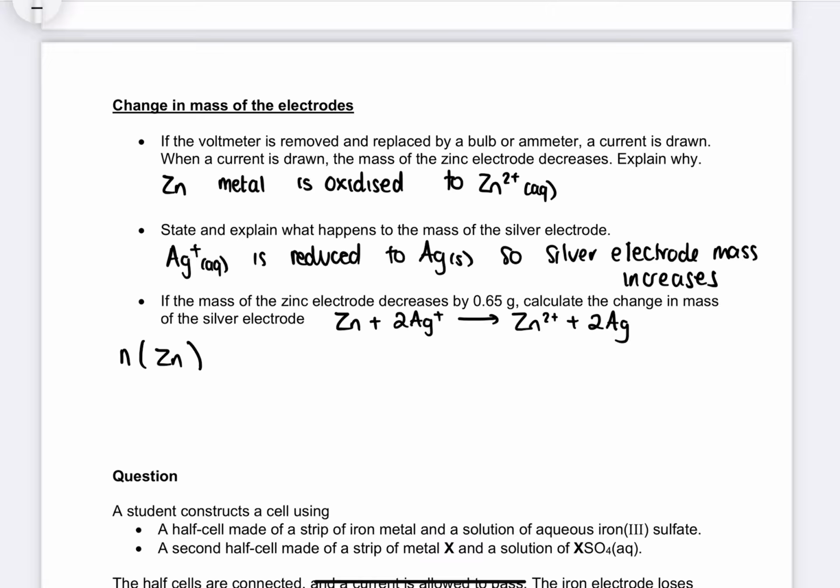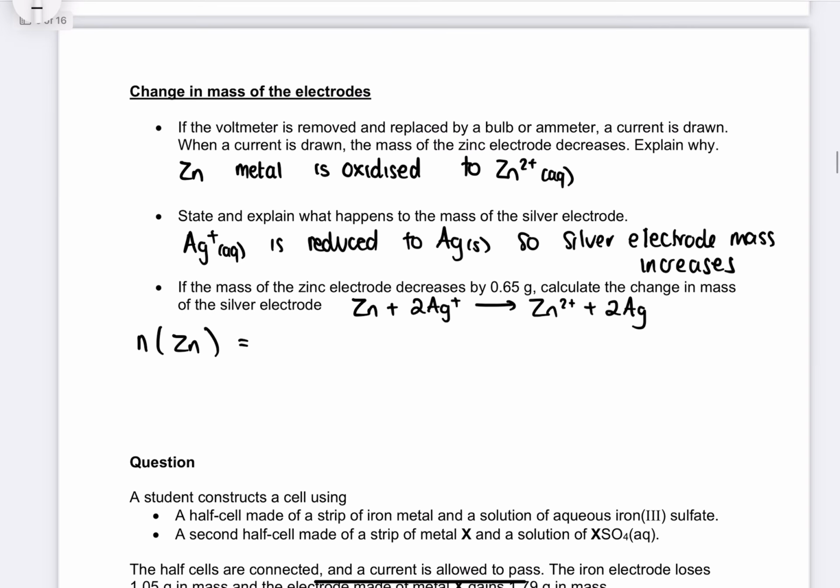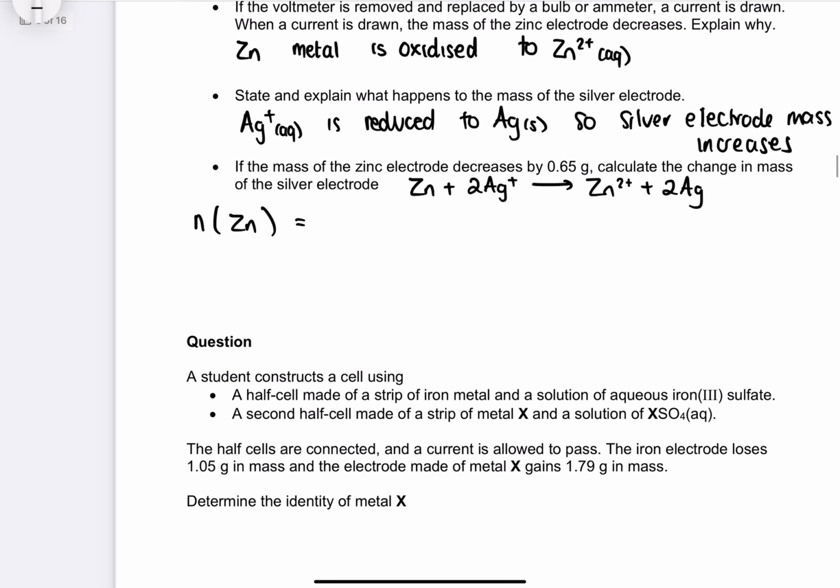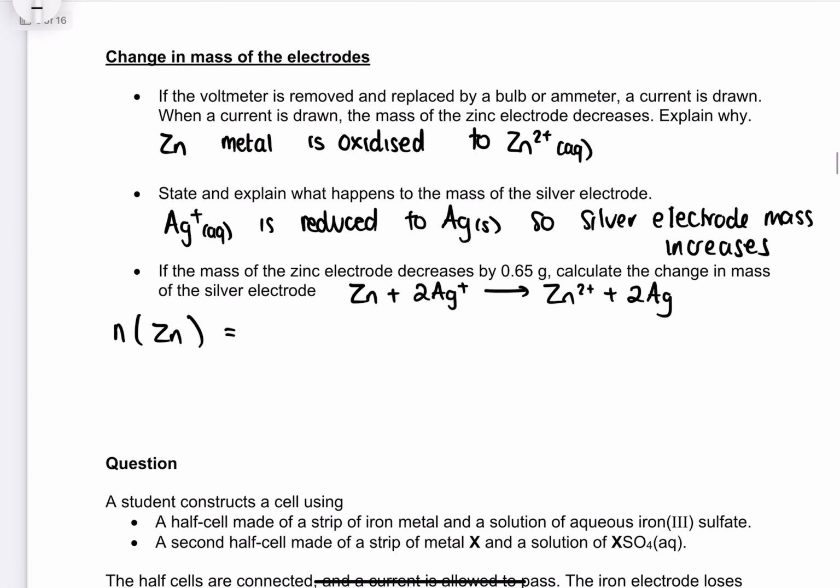So we can find the number of moles of zinc by doing mass over Mr. So mass 0.65 divided by the Mr of zinc, 65.4. Get that on our calculator, 9.94 times 10 to the minus 3 moles.